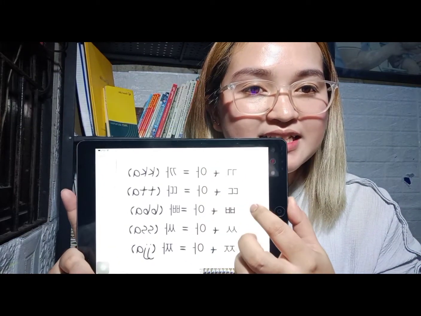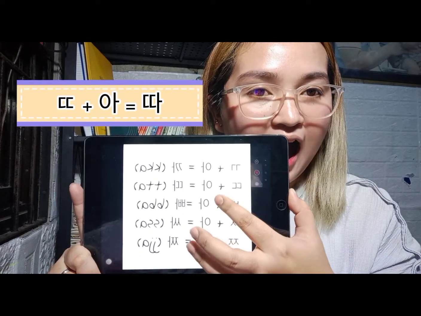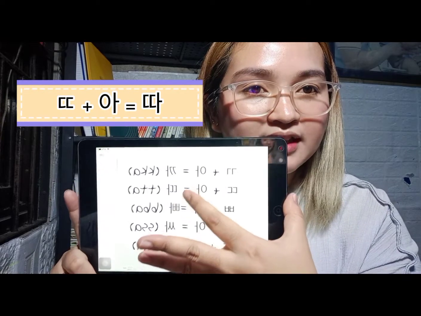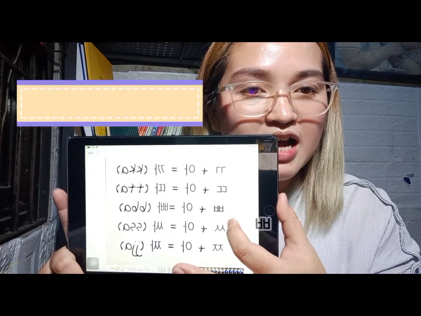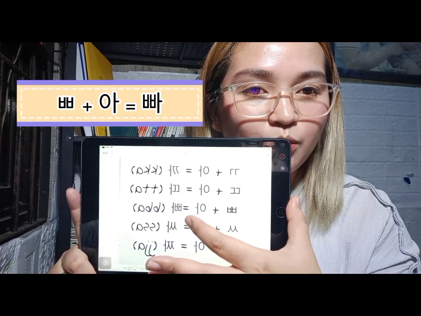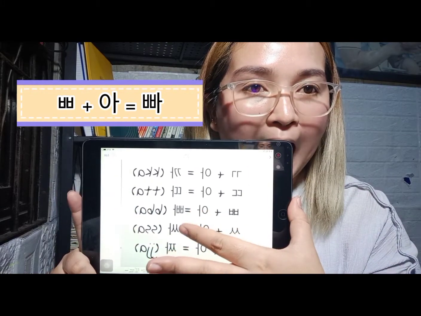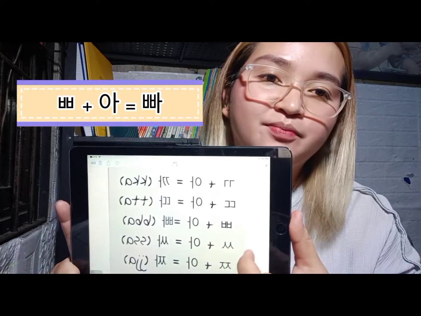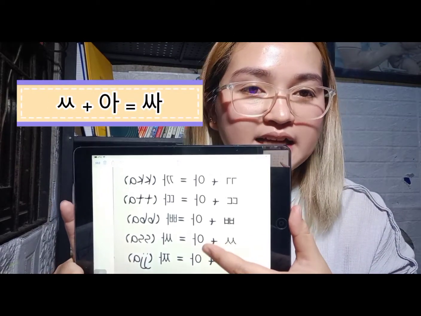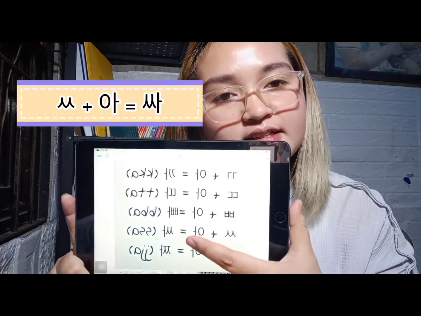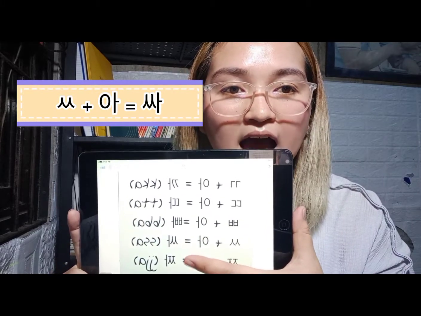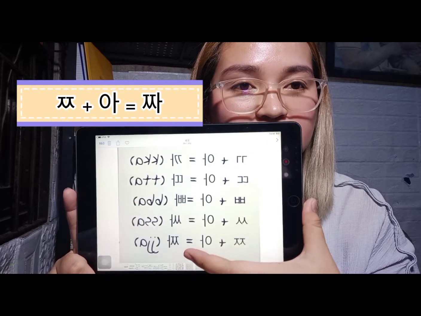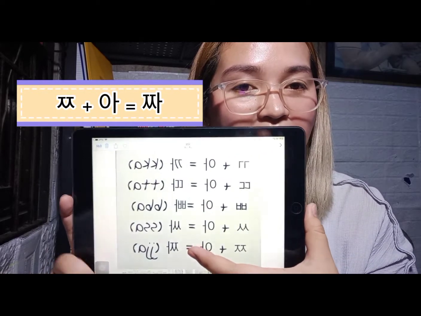Sangtiget plus a equals ta. Sangpiyuk plus a equals pa. Sangshiyut plus a equals sa. Sangchiyut plus a equals cha.